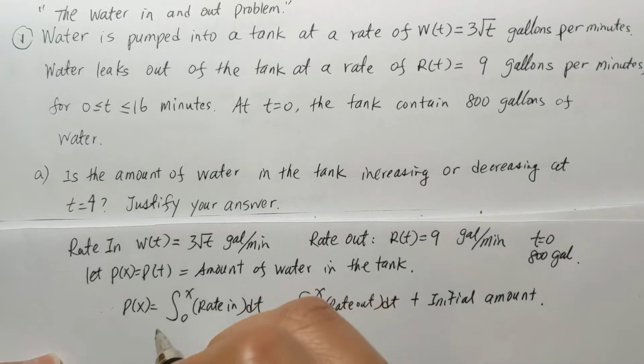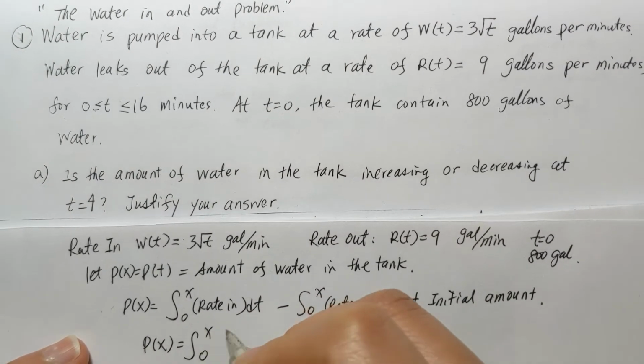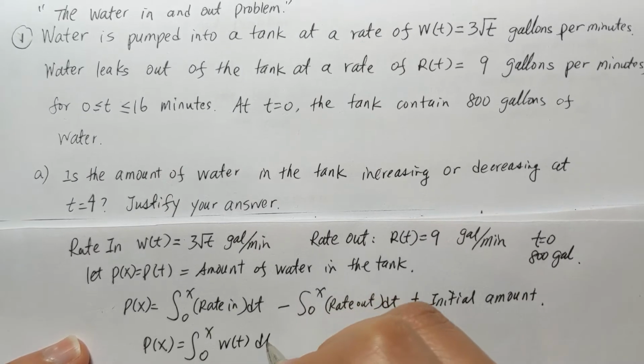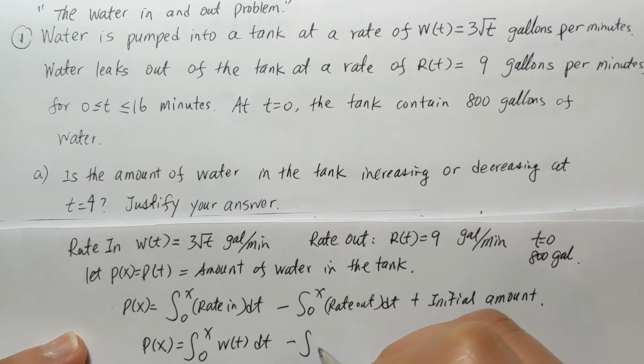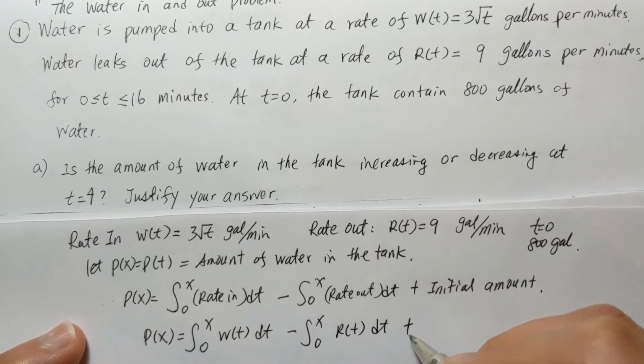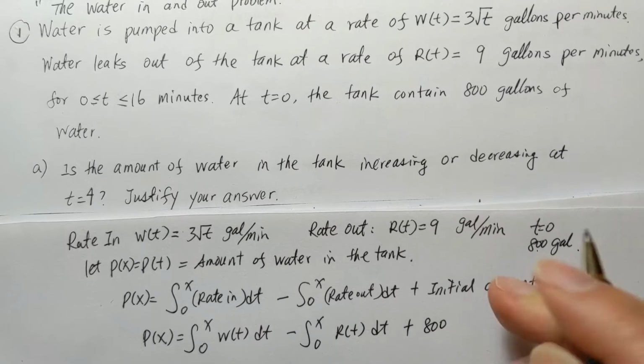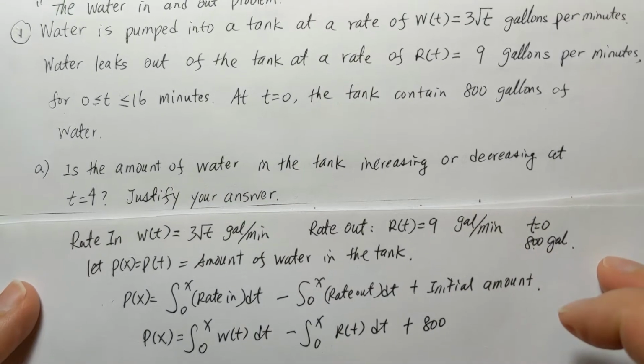So in this case, we got P of x equal to the integral from 0 to x of W of t dt, minus the integral from 0 to x of R of t dt, and the initial amount is 800. So this is the information that's given.